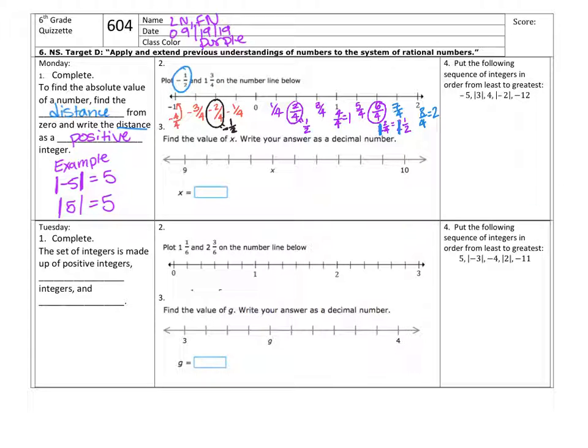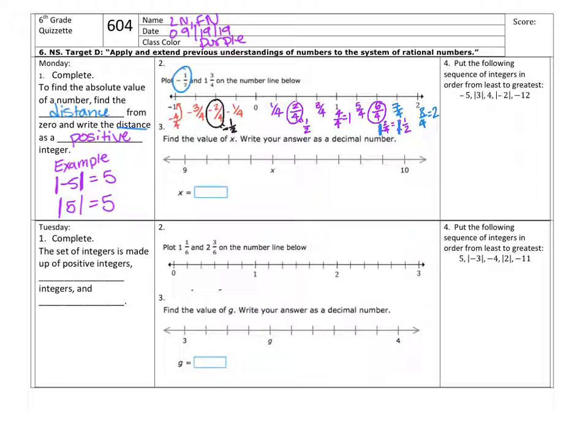They're never going to be something like 2/13. They're always going to be easier numbers that are less than 10. So that's the nice thing about 6th grade. 7th grade is when they throw you these odd fractions that try to throw you off. But you can still do it.